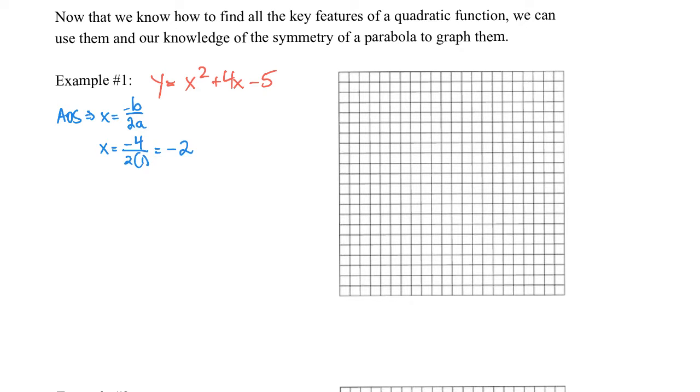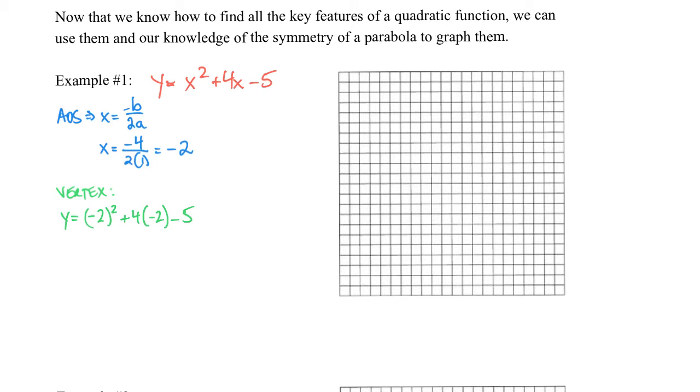Let's use that to find our vertex. Remember, to find the vertex, we take our axis of symmetry and plug it in for x. So I'm going to have y equals negative 2 squared plus 4 times negative 2 minus 5.